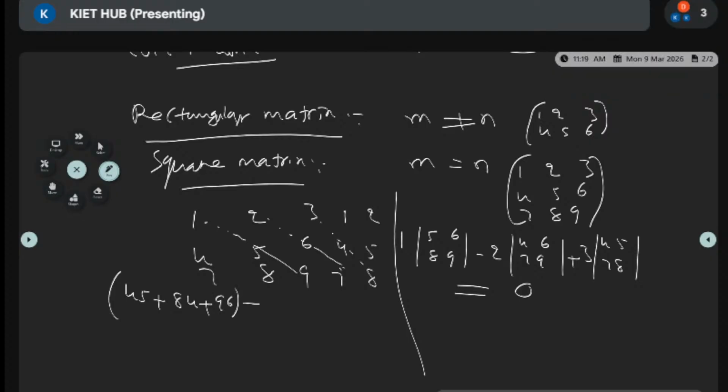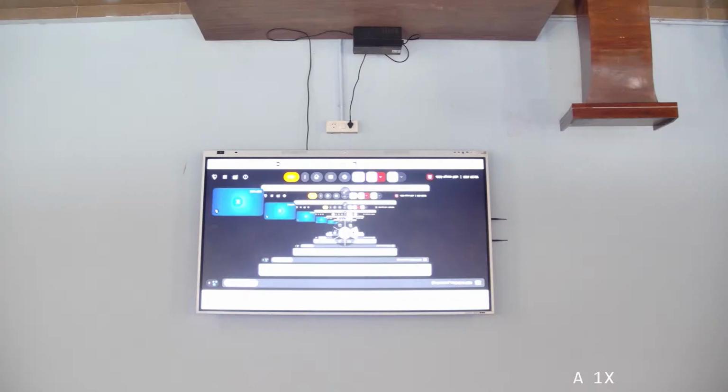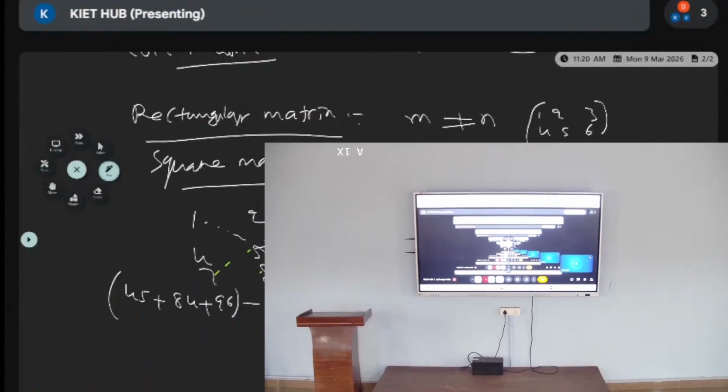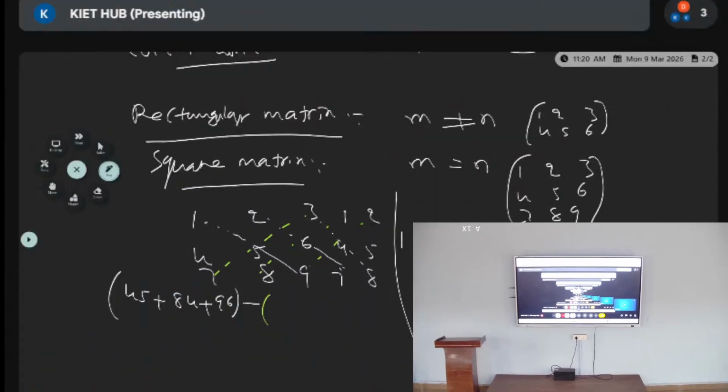These diagonals multiply completed, and next diagonals we are taking. These diagonals multiply gives 105, plus these diagonals 48, 72. All of you are understanding what is the shortcut?